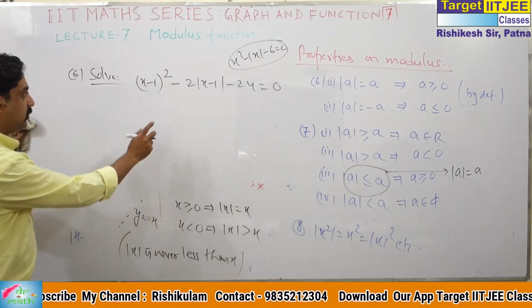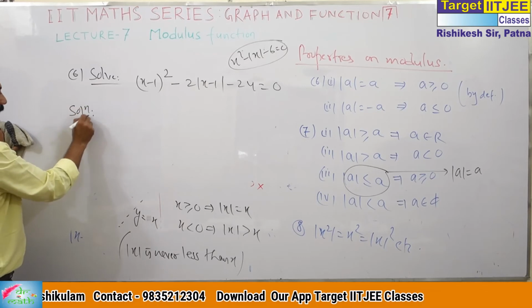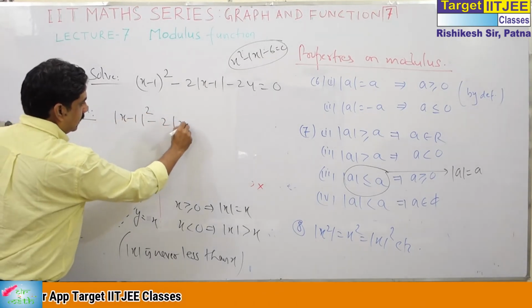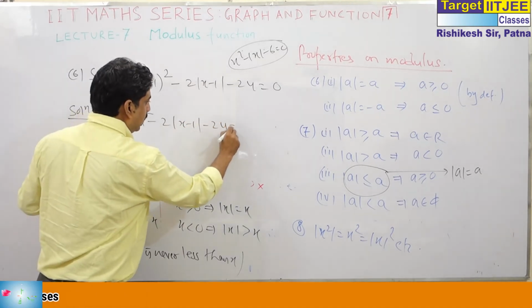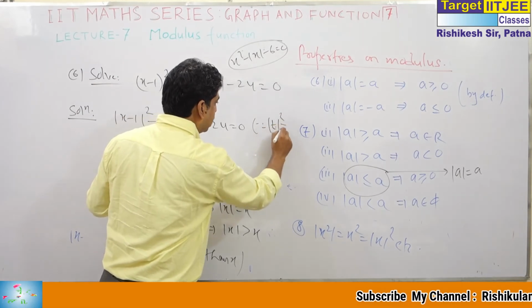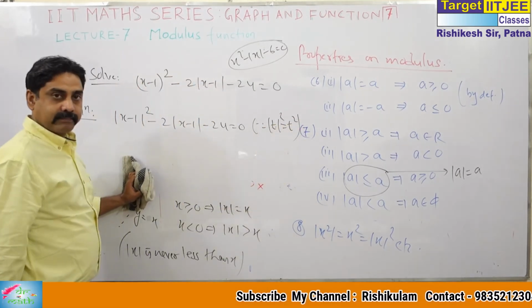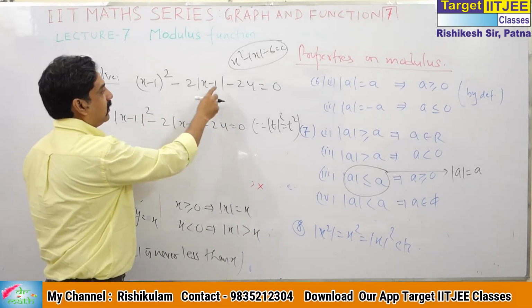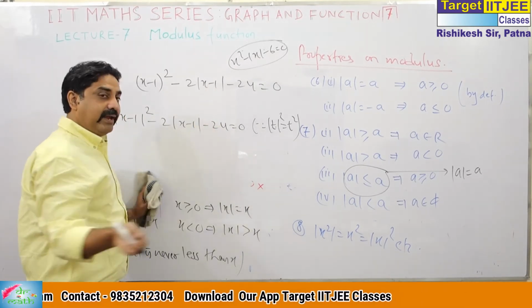But I would like to use this property. I write the equation as mod x minus 1 square minus 2 mod x minus 1 minus 24 equals 0. Why do I write this? Since mod t square is equal to t square, I can replace. If there is x minus 2 or x minus 3, or x minus 4, x minus 5, we have to take two cases.